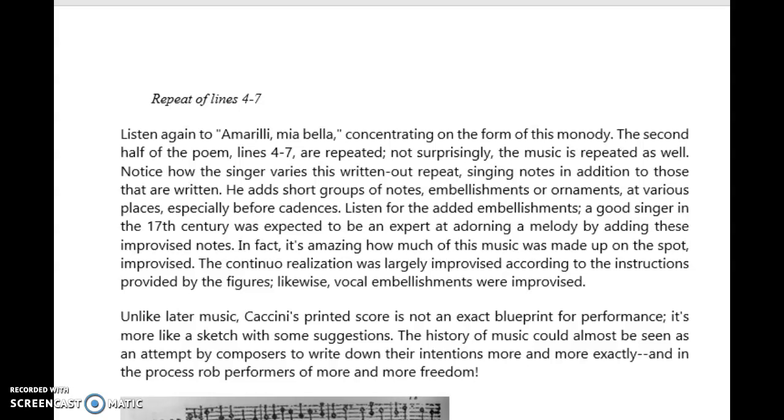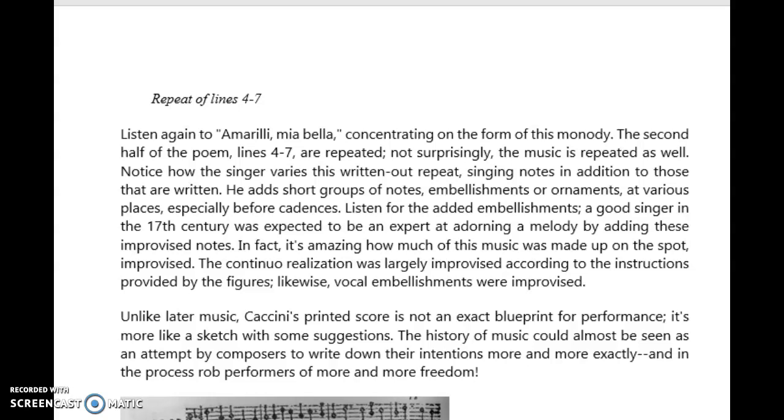So he improvises. He adds short groups of notes, embellishments or ornaments at various places, especially before cadences. Now we know that that is a characteristic of Baroque music, that the music is elaborate and we have lots of ornamentation. Listen to the added embellishments.